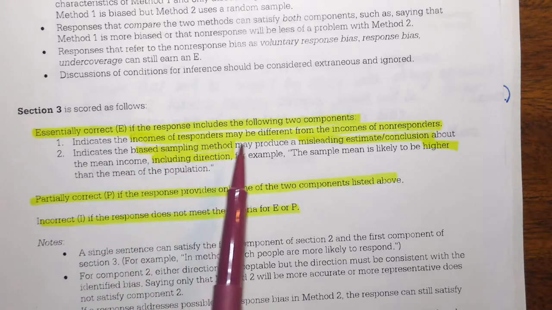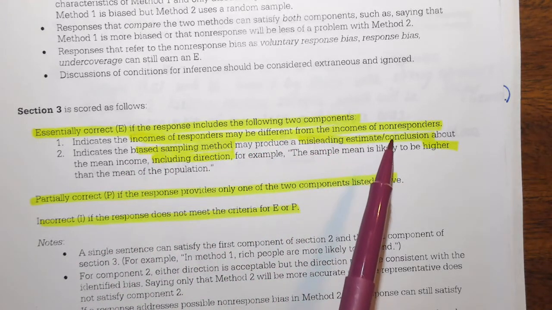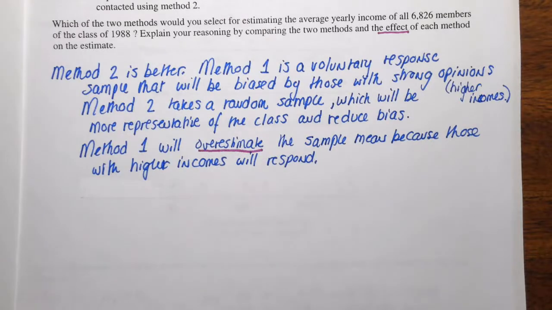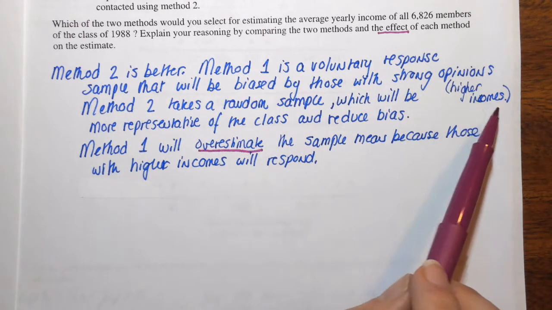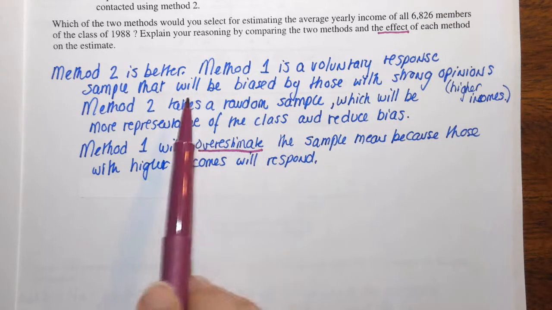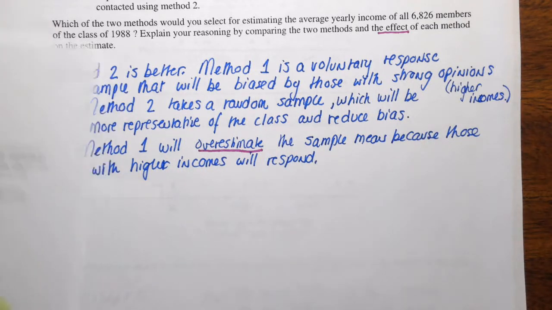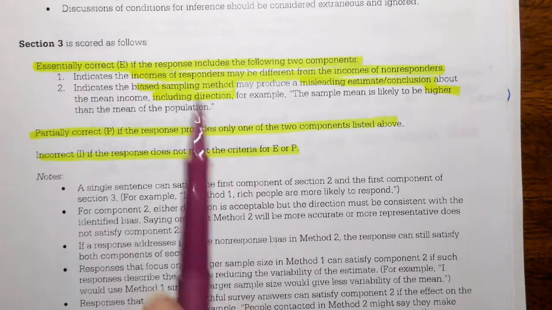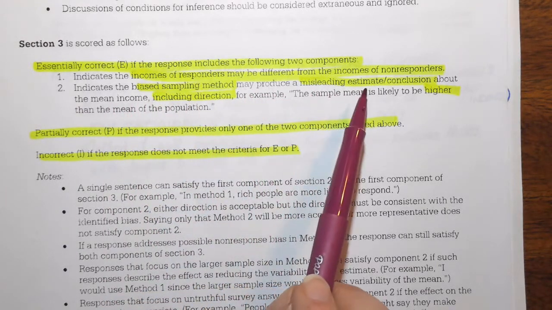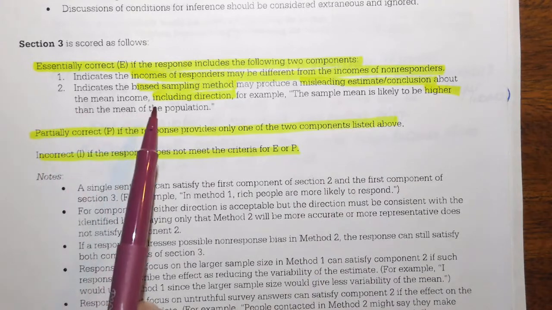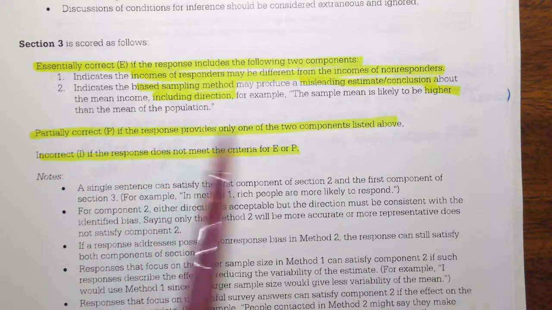So it says essentially correct if you include the following 2 components. Incomes of responders may be different from the incomes of non-responders. So I said will be biased by those with strong opinions, because it's a voluntary response sample. And then it says indicates the biased sampling method may produce a misleading estimate or conclusion about the mean income, including direction.